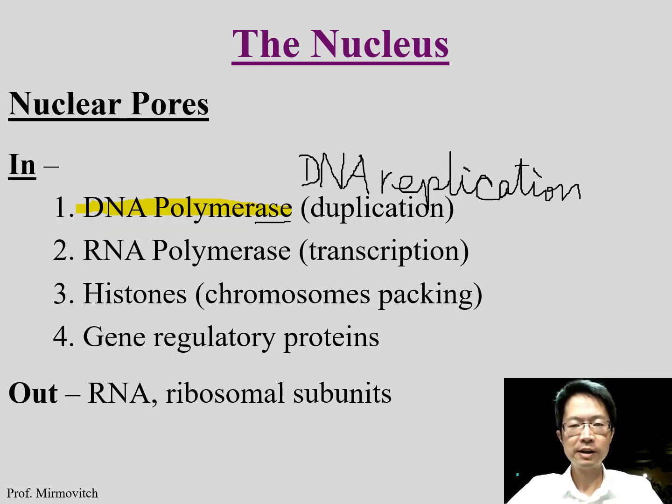What is the function of this enzyme? Look at the name. Usually the name of the enzyme tells you its function. It makes DNA into a polymer. So DNA polymerase is an enzyme that makes DNA into a polymer. That's why we use DNA polymerase during DNA replication. DNA replication is basically making a Xerox copy of a DNA, an identical copy.